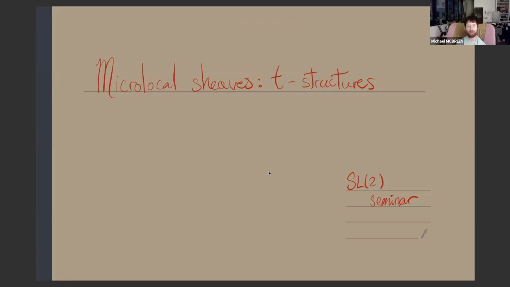Today, I'm going to talk a little more about microdifferential modules, EX modules, and so forth. And then, in the question session afterwards, I'll go back and discuss a few things from last time on microperverse sheaves.